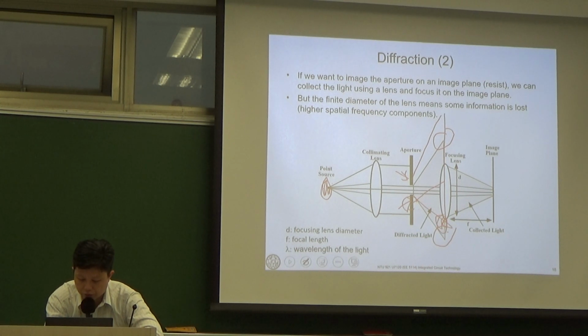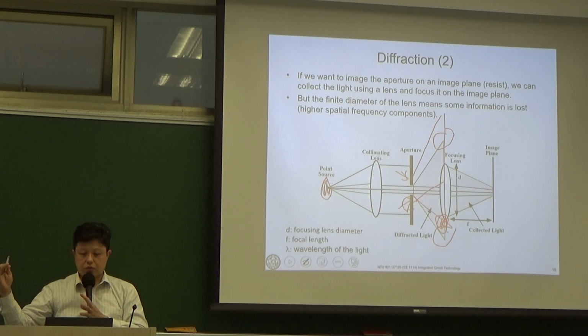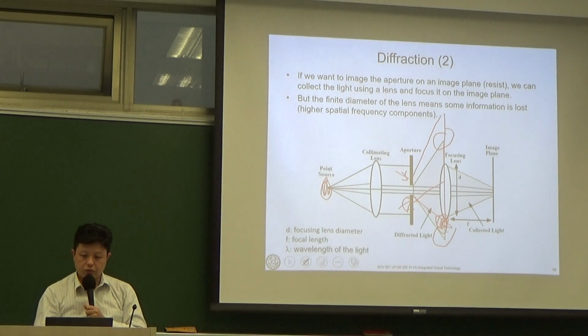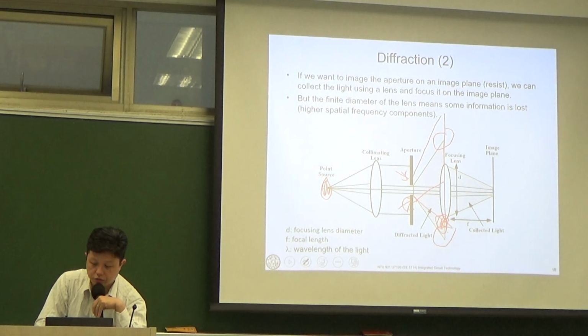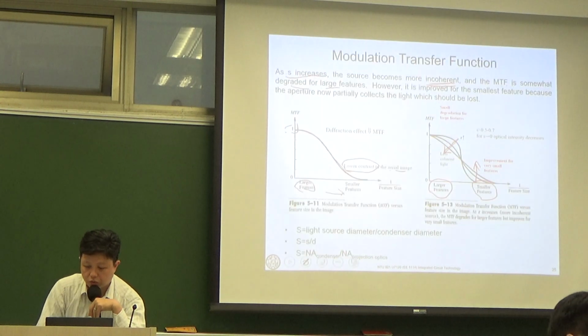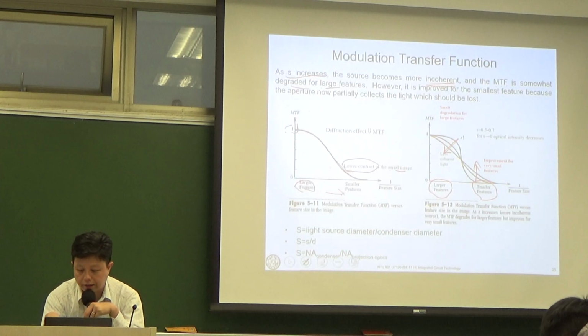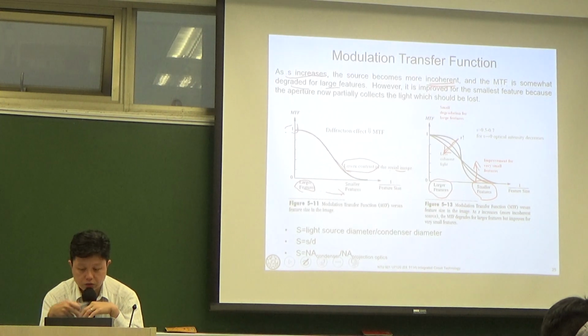So part of this higher frequency now can be collected, or can be focused, into the finite diameter of your focusing lens. So that's a good thing for the smaller features. You can see from here, actually there's an improvement for your small feature patterns, that you can increase the MTF.